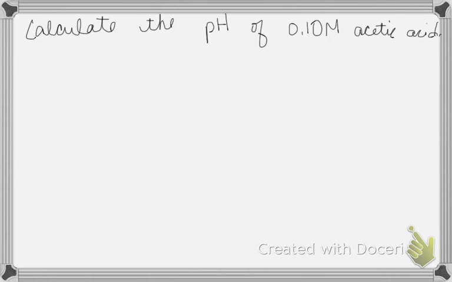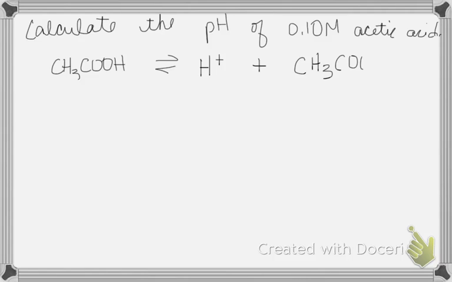Got that down pat. And if you'll remember how we came up with that expression, Ka is equal to x squared divided by initial concentration, I started out writing out how these acids dissociate. Right? And so we would write an equilibrium reaction, and we would look at what we're given in this problem, and we set up an ice table.